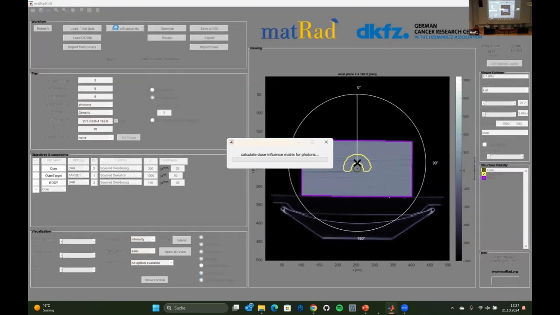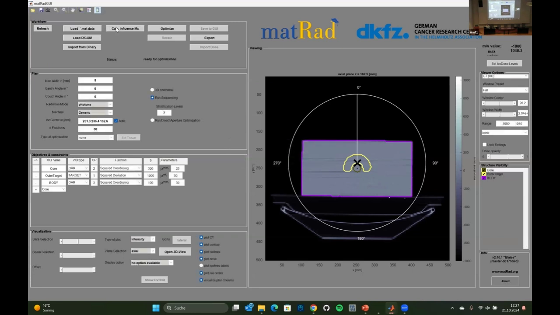We can calculate it, and it will be reasonably fast. I have this laptop, which is quite fast. Some of your laptops might even be faster, some of them might be a little bit slower, but it takes a bit.